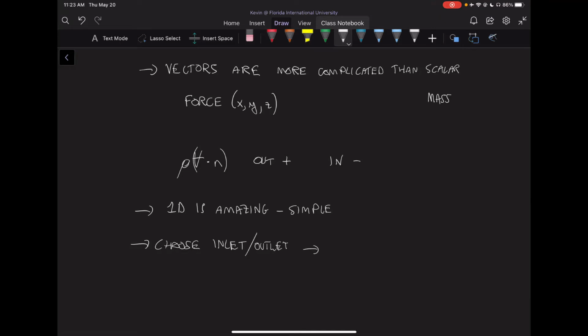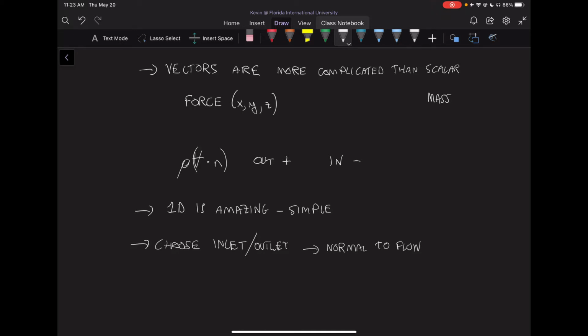And usually that inlet or outlet is going to be normal to the flow. So if we choose an inlet or outlet that's normal to the flow and we can assume 1D, it makes our problem very easy. Okay, and your book on page 160 has some linear momentum tips that can be applied. So I'll let you read those, but you can read those tips if you want to have a little bit more information on how to solve the problems.